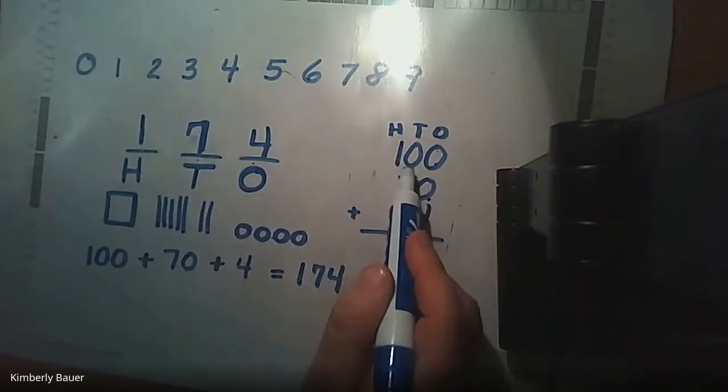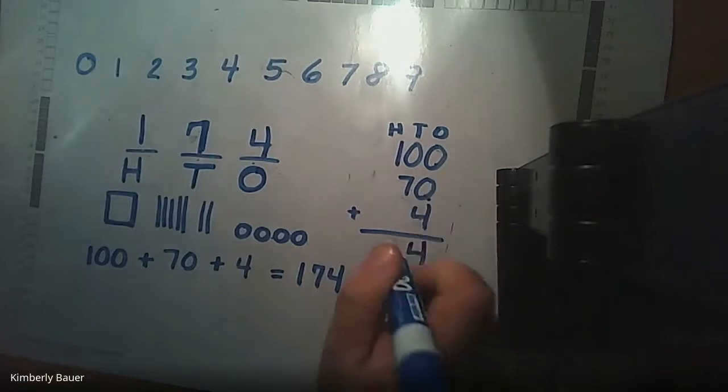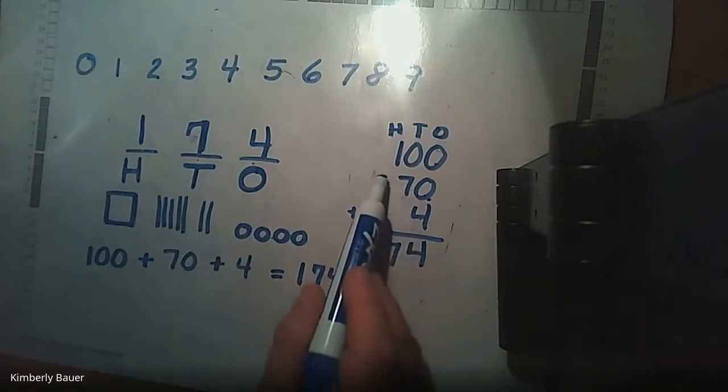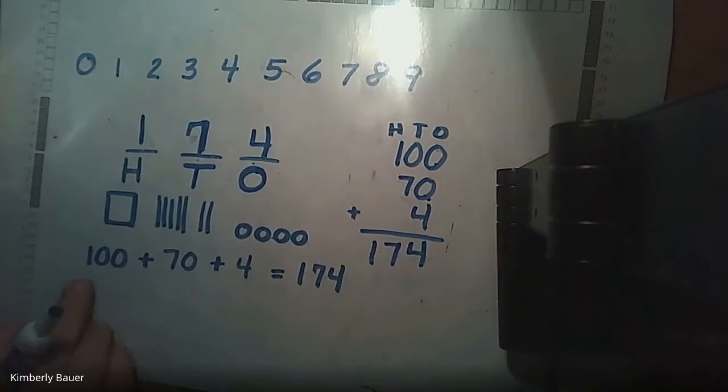Then I go to the tens place. 0 tens plus 7 tens plus nothing is 7 tens. 100 plus no other hundreds is 100. So it doesn't matter if you expand the values going horizontally or if you expand the values going vertically. Both of them are the same answer.